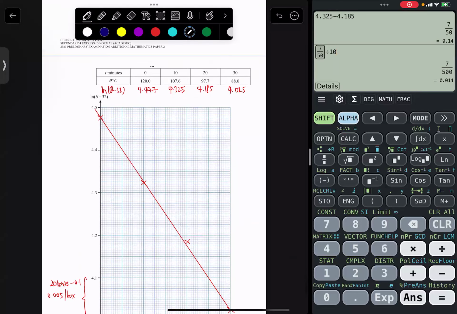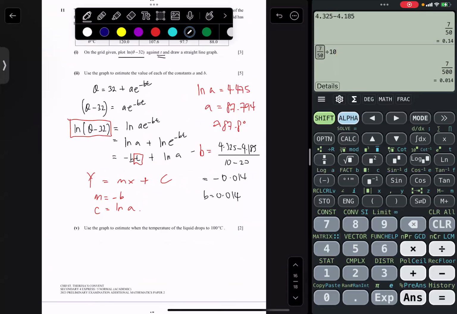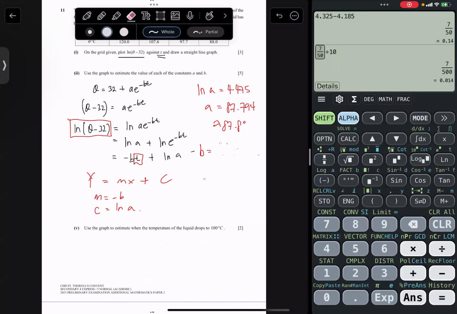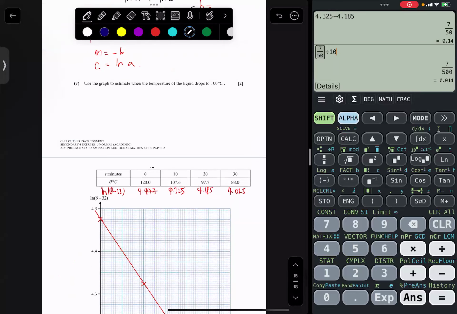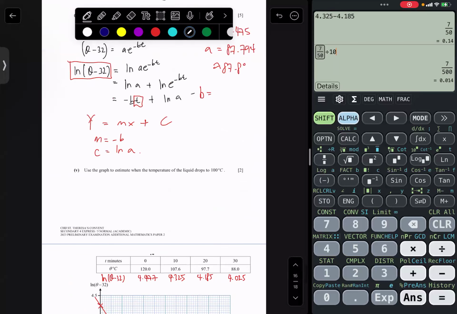Wait, actually, no. Right, I shouldn't be using that. Sorry, let's recalculate this. Let's take the two far points. 4.477 minus 4.025 divided by 0 minus 30.